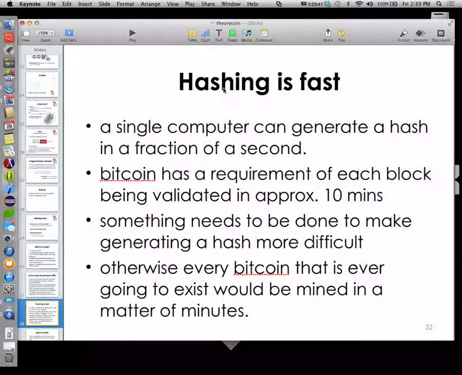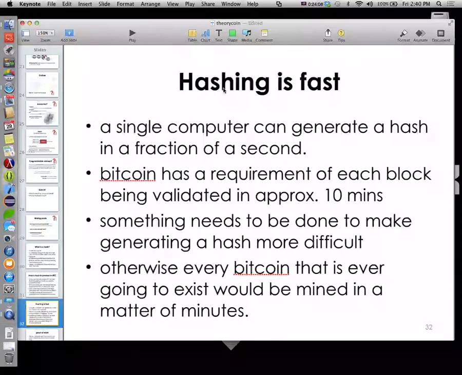If you used a modern day CPU, so let's go back to 2009 when mining really started, you probably could mine at, let's say, 3,000 hashes a second. 3,000 guesses per second. Seems pretty fast, right?